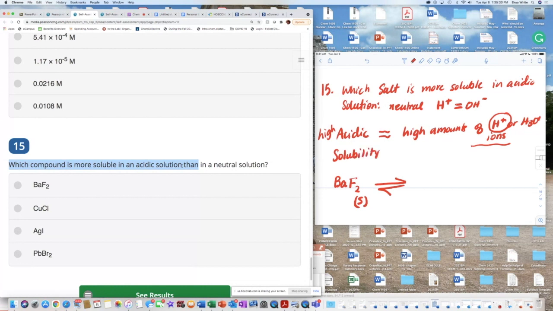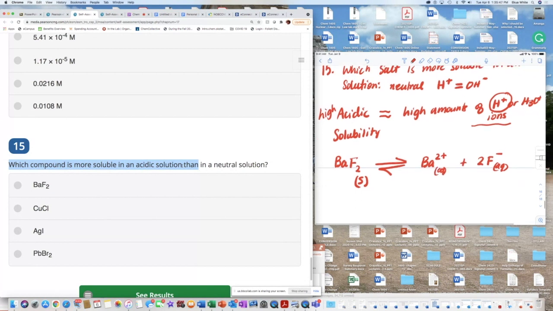BaF2 is a solid naturally in water. It ionizes to form Ba2 plus and 2 F minuses. So I'm just ionizing this according to the KSP equation, right? We have equilibrium here. We usually have a KSP value that goes with this.